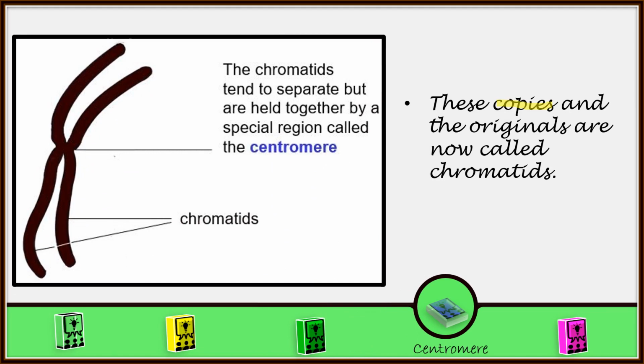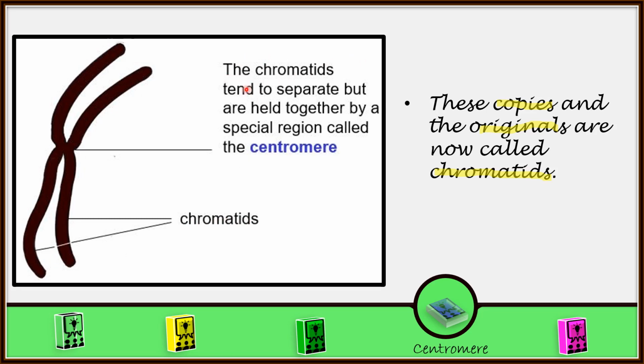Here we have, let's say, the original chromosome. It replicated, and after replicating, it made a copy of itself. When it makes a copy of itself, the two are referred to as chromatids.